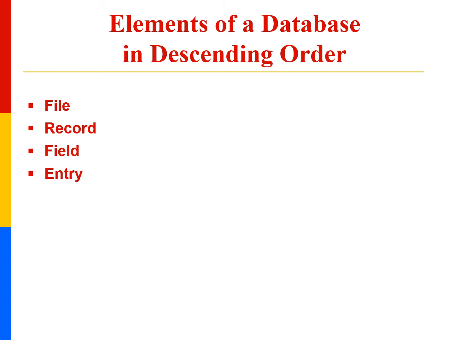Elements of a database. First, file. File means all records, fields and entries in a database. Here, it is a collection of information treated as an individual unit. Second, record. A record is a group of related fields of information.